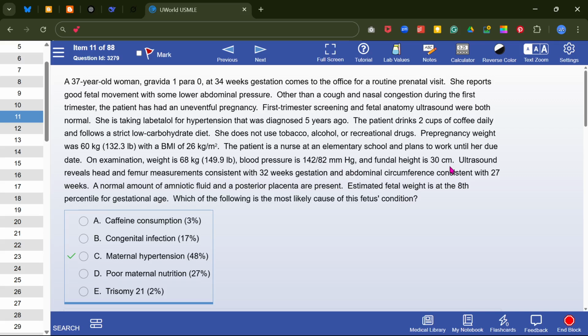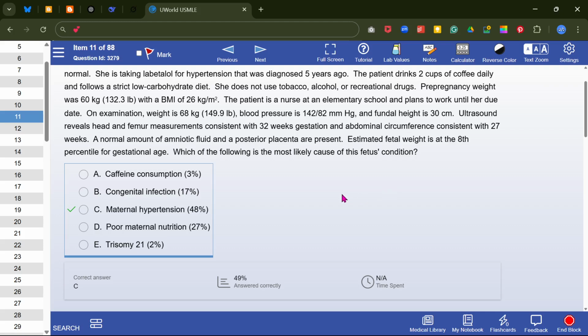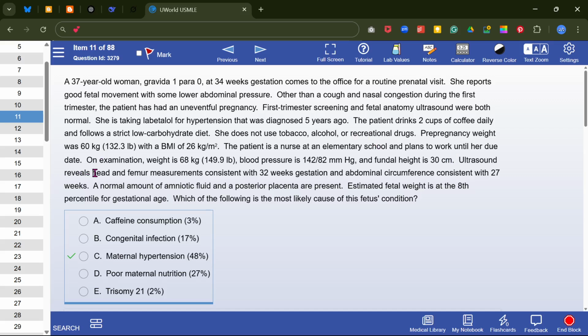So it looks like this fetal growth restriction happened due to uteroplacental insufficiency in the second and third trimester. If we look at the ultrasound, it shows head and femur measurement consistent with 32 weeks, so it is more like equal, but abdominal circumference is consistent with 27 weeks.